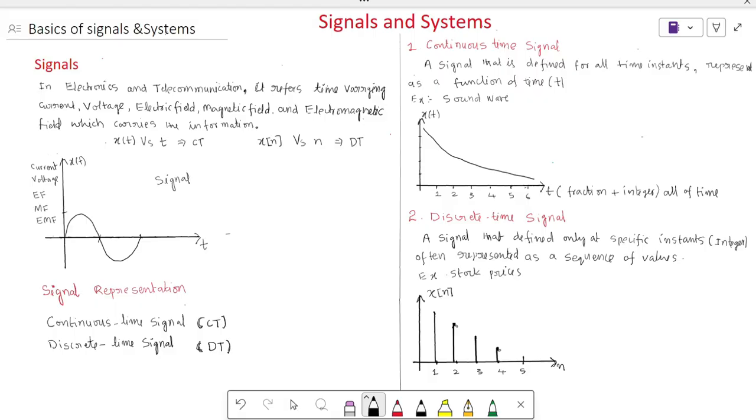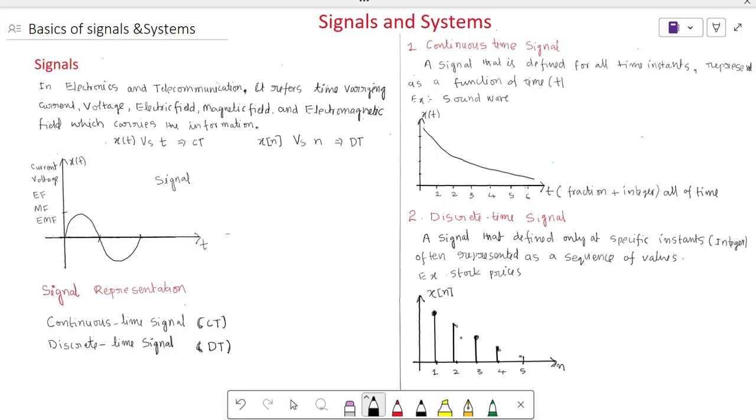So these are the magnitudes. So it must have the magnitude for integer values of the time only. Okay. So there is no magnitude between 1 and 2, there is no magnitude between 2 and 3, and there is no magnitude in 3 to 4, is it? So it doesn't have the magnitude for fraction values of the time.